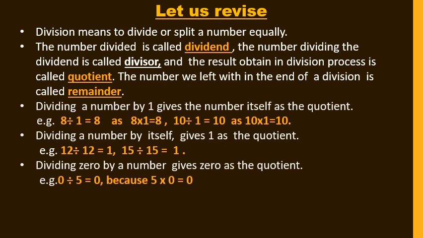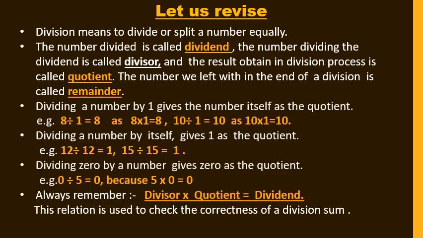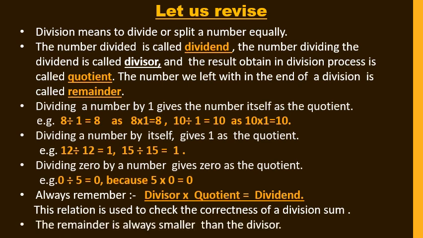So 5 into 0 is also 0. Always remember divisor into quotient plus remainder equal to dividend. This relation is used to check the correctness of a division sum. The remainder is always smaller than the divisor.